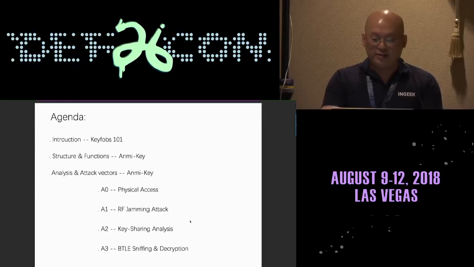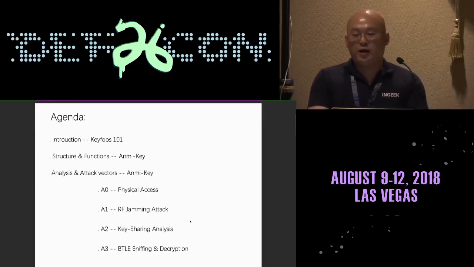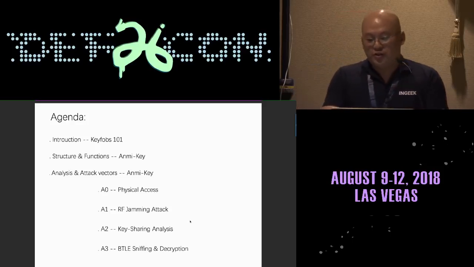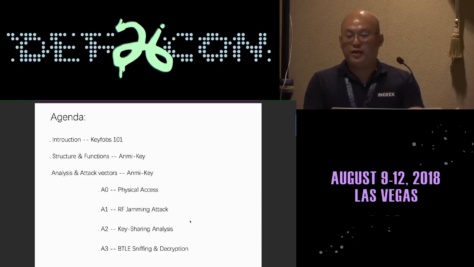And today's agenda is going to be like this. First, I'm going to do a very quick introduction about Key Fob 101. And then I will walk through the structure and the functionality of our target today. It's called AMI key. AMI key is also called, AKA digital car keys. And then I will do some analysis and introduce attack vectors on this AMI key system.